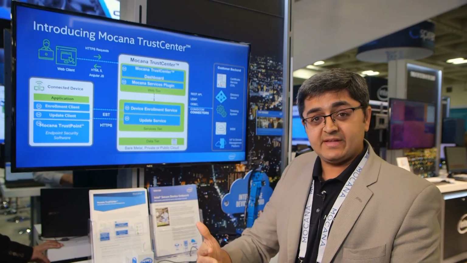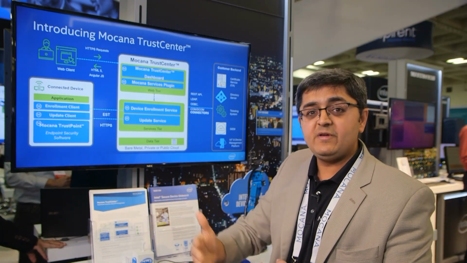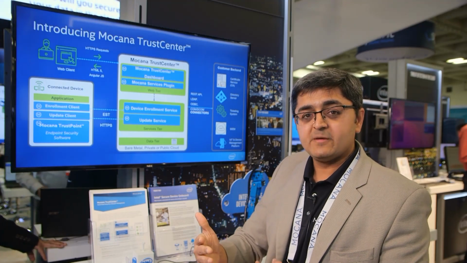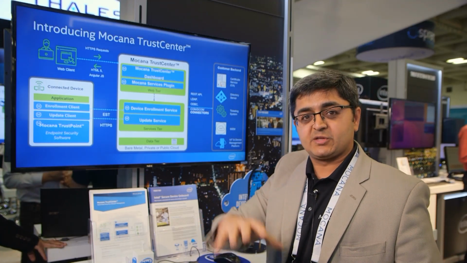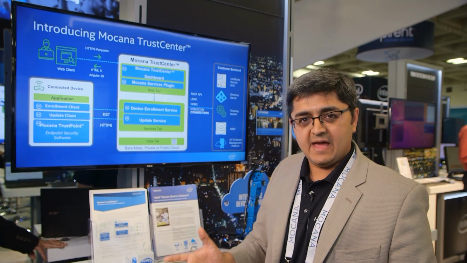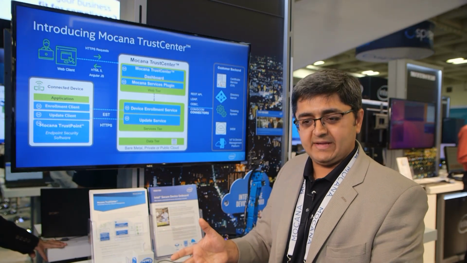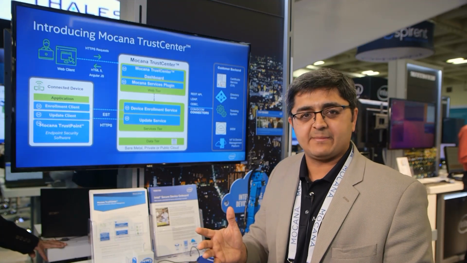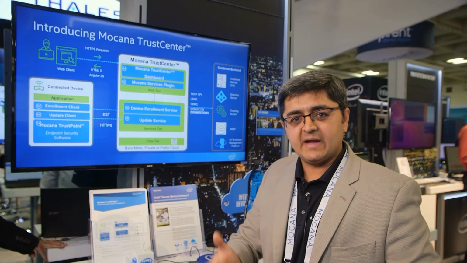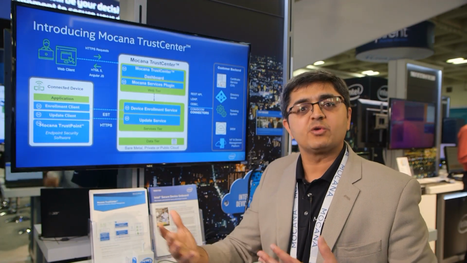So as we look at this, along with the SDO flow and Trust Center, we are able to ship the device from the fab through its manufacturing process onto the factory floor, everything zero touch, and as soon as the device is enrolled in its right spot in the factory, the very first update happens, which includes the IP that the device is supposed to run with. So this is a snapshot of how Mocana Trust Center and Intel's SDO work together.